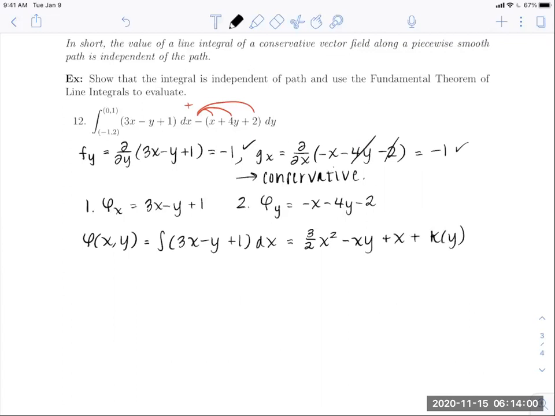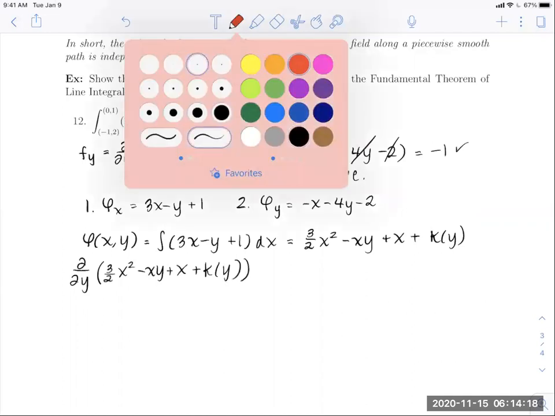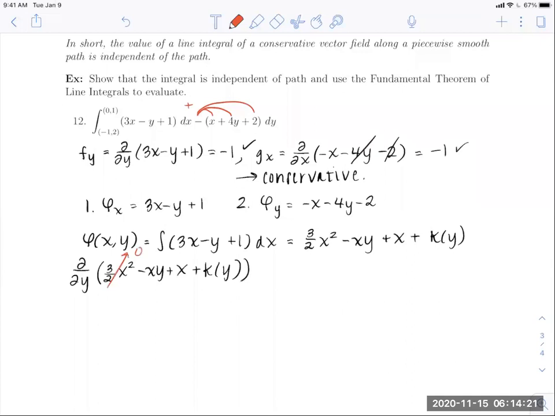So now I'm going to take the partial with respect to y of this phi function. So I'm going to rewrite what I just found. All right, and we can see here that a couple of these pieces are going to go to 0. And so all that will remain is a negative x plus k prime of y.